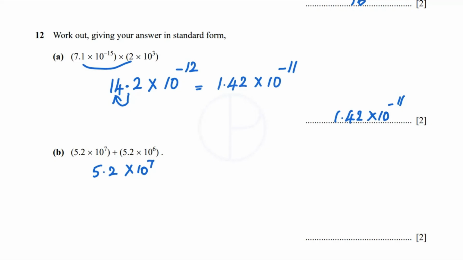The next number can be converted into 10 power 7. The decimal point will go here. So we get 0.52. Now adding these, we get 5.72 times 10 power 7.